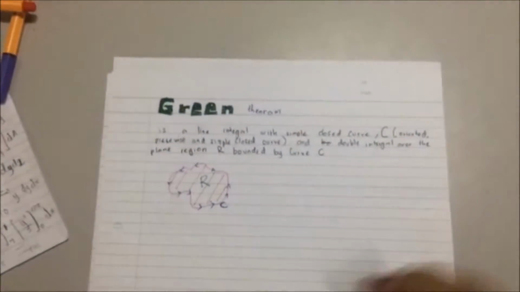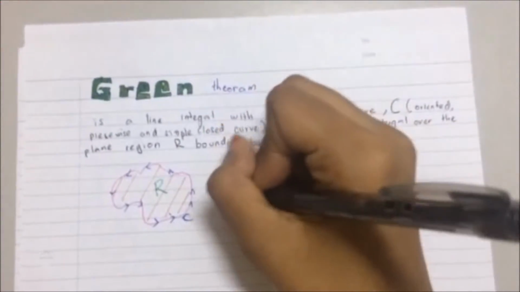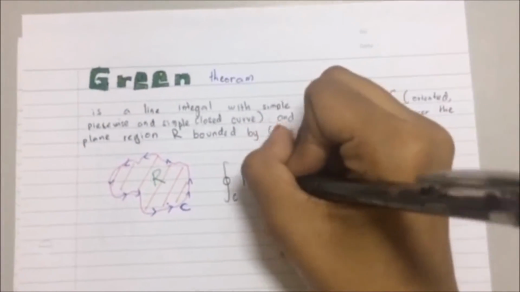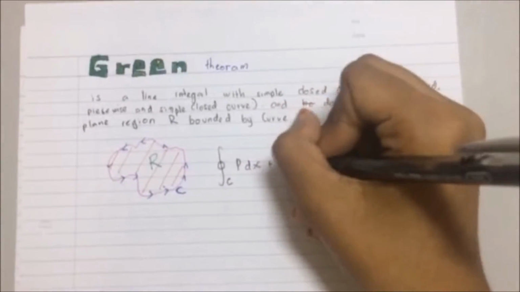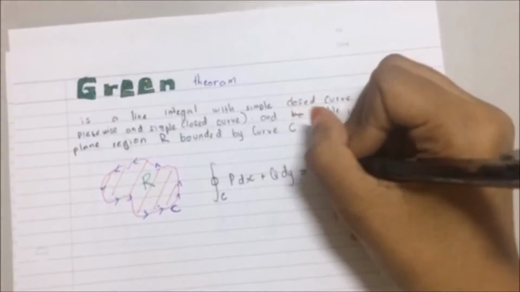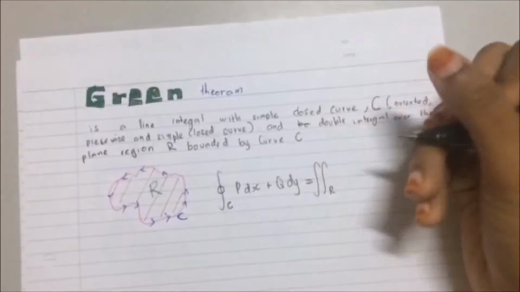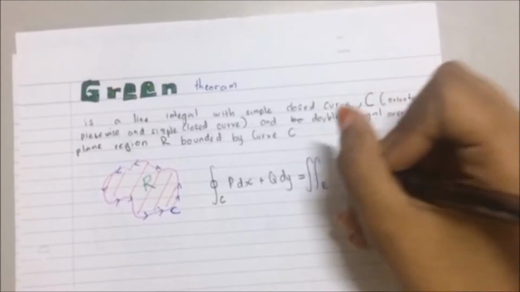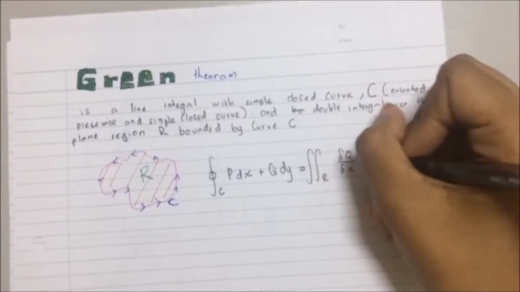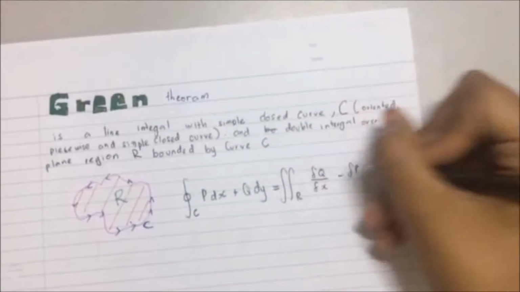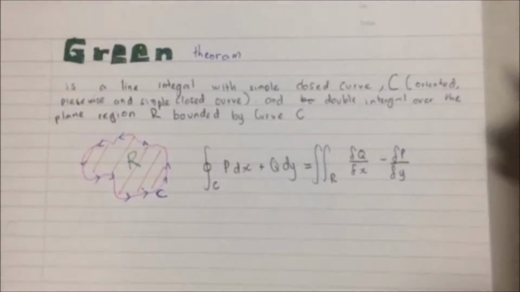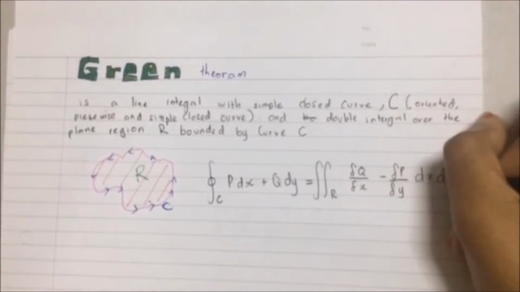Okay, so the formula for Green's theorem is very simple, which is the integration over C of P dx plus Q dy, which equals the double integration over region R of the differentiation of Q with respect to x minus the differentiation of P with respect to y, dx and dy.